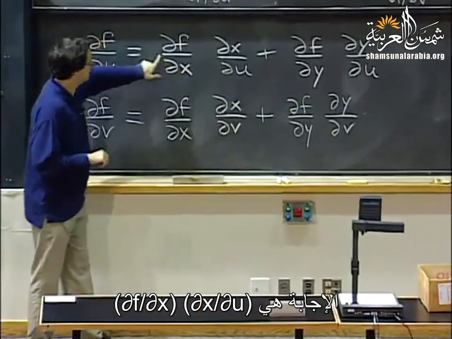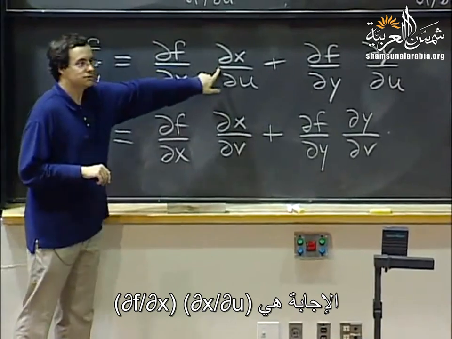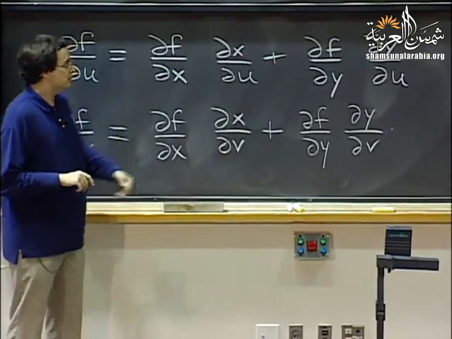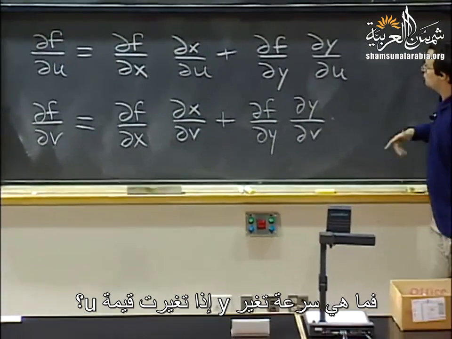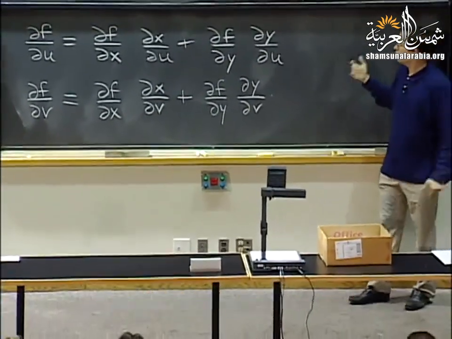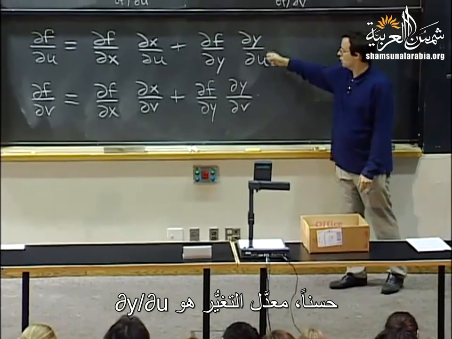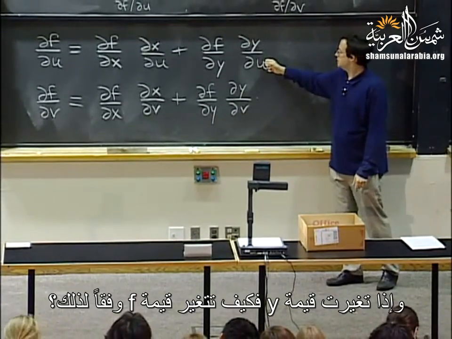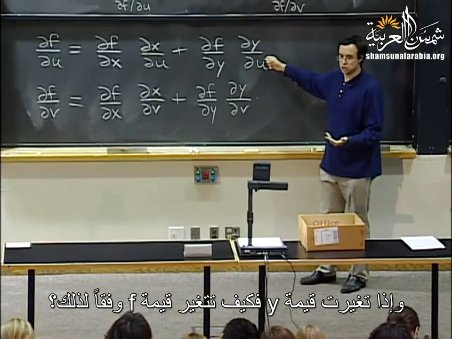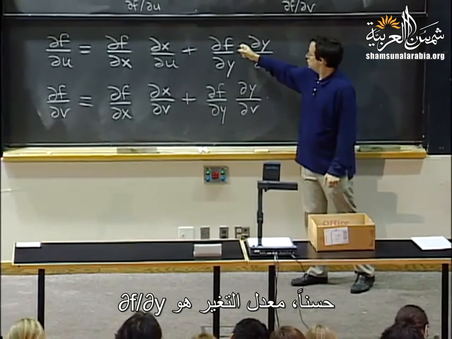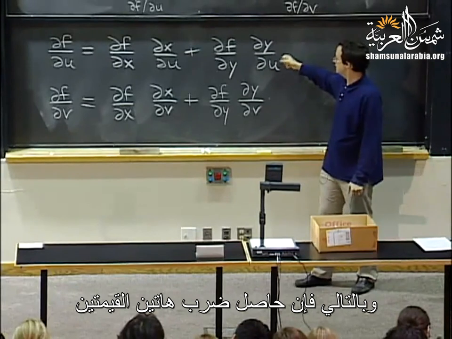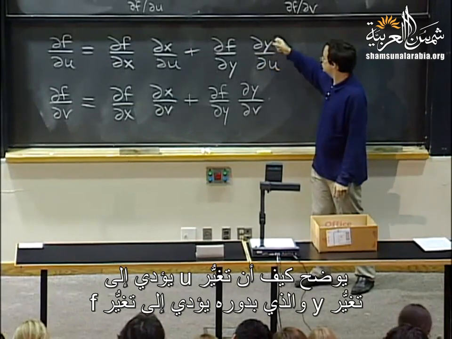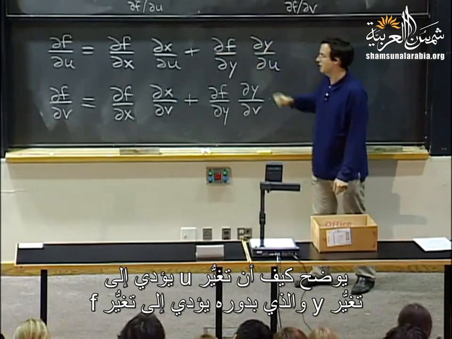The answer is partial f partial x times this guy. At the same time, y is also changing. How fast is y changing if I change u? At a rate of partial y partial u. But now, if I change y, how does f change? The rate of change is partial f partial y. So the product is the effect of how u changes y and therefore changes f.